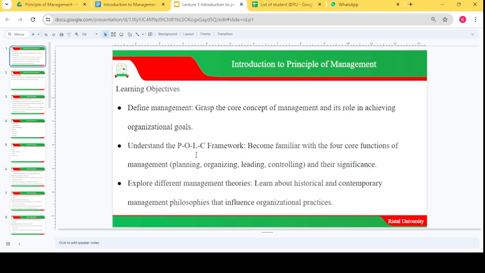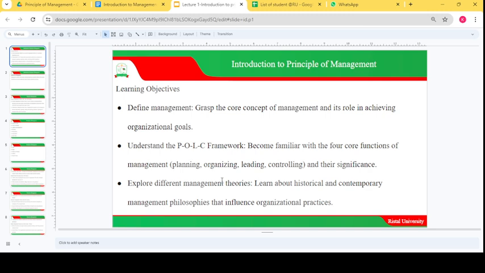And then you should understand the POLC framework, which is planning, organizing, leading, and controlling. You should know the framework and also its significance. And then you should be able to explore the different management theories.